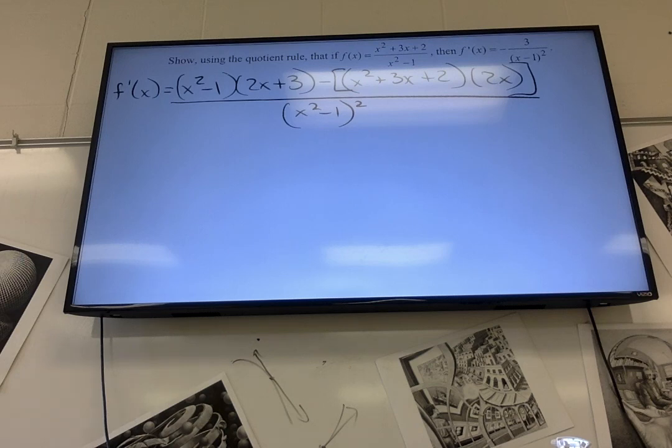Okay. So we have distributing 2x cubed plus 3x squared minus 2x minus 3. Then minus 2x cubed minus 6x squared minus 4x.